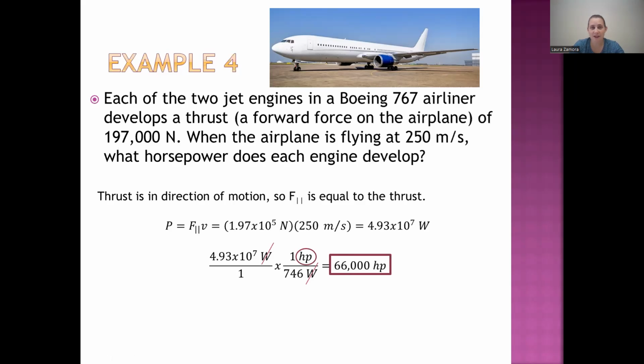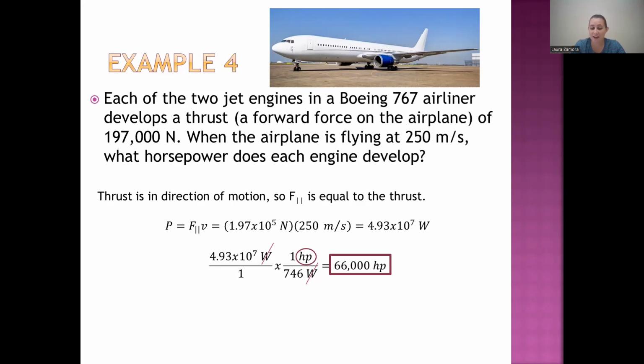So I have a fun fact here. I don't know how many of you are aerospace people or interested in airplanes, but I have this fun fact that I want to share with you. The largest propeller-driven airliners of the 1950s had engines that developed about 3,400 horsepower, which gave them max speeds of 600 kilometers per hour, or 370 miles per hour.